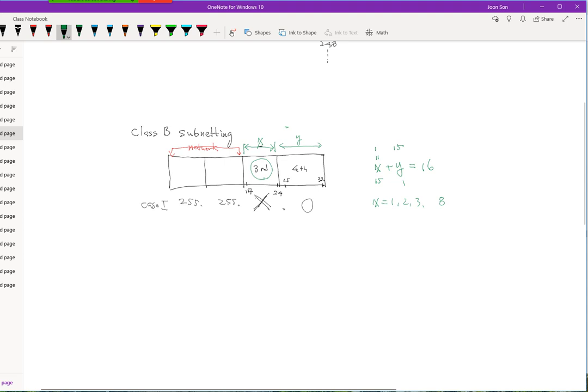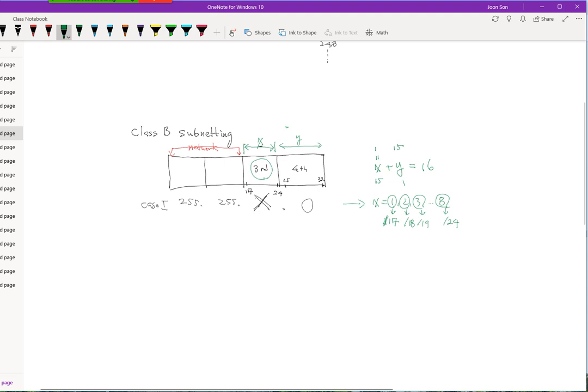This is case number 1. So X being 1 means, if you use slash notation, it's going to be slash 17. This is going to be slash 18, and this is going to be slash 19, and all the way to slash 24. That's case number 1.